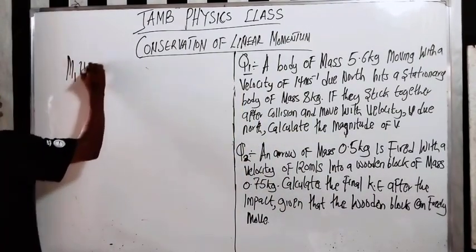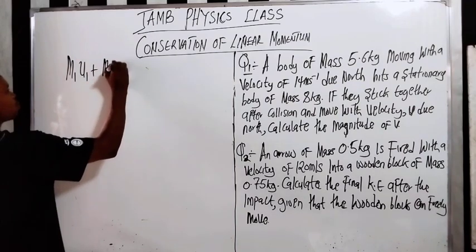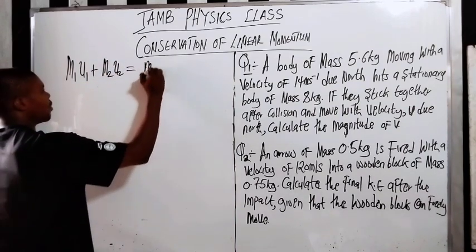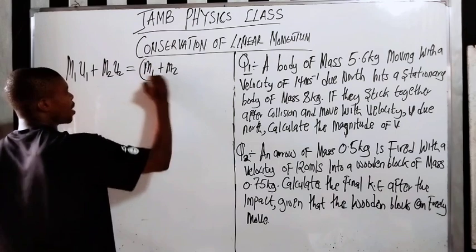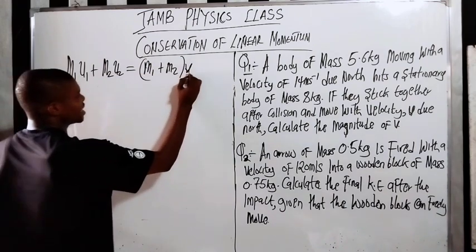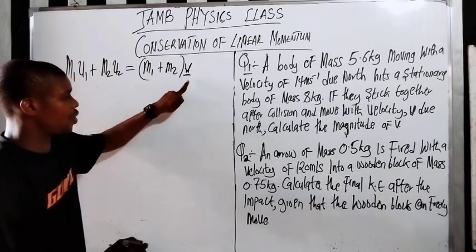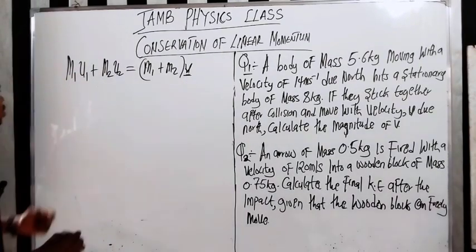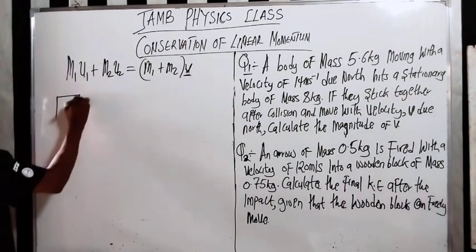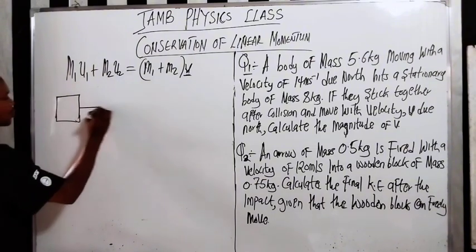Understand that m1u1 plus m2u2 equals (m1 plus m2) v. Now, this v is the common velocity. So they say that a body is moving due north.